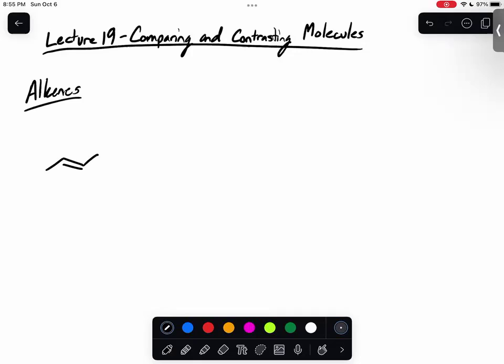However, there is a second way that we could draw these, right? We could draw them to where both of those methyl groups, because keep in mind these are just CH3s on either side, we could draw it to where both of these methyl groups are actually on this side of the double bond. And as a matter of fact, the interesting thing is these two are stereoisomers.